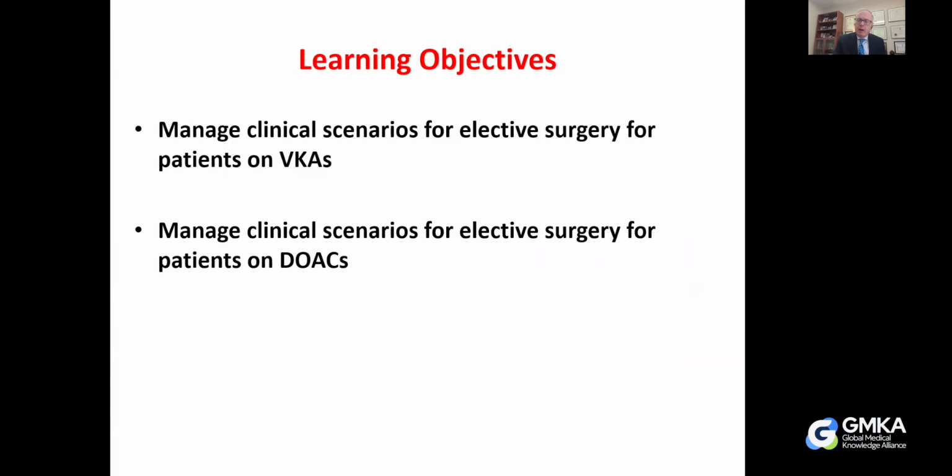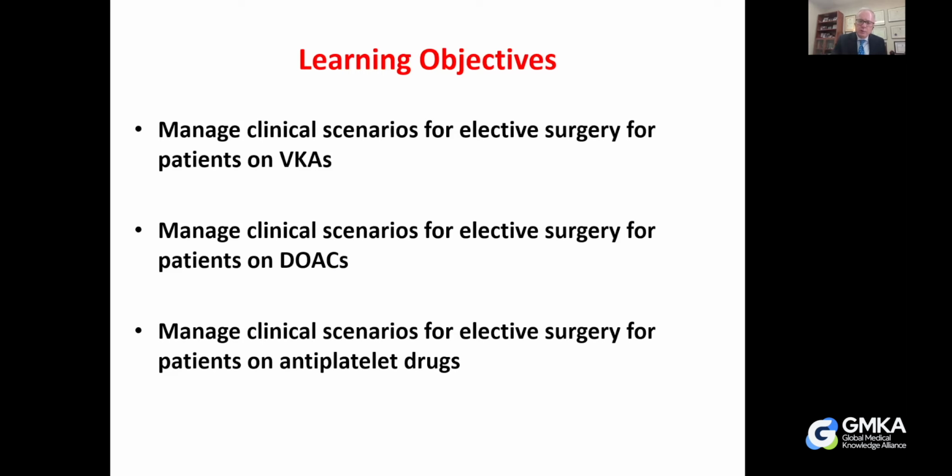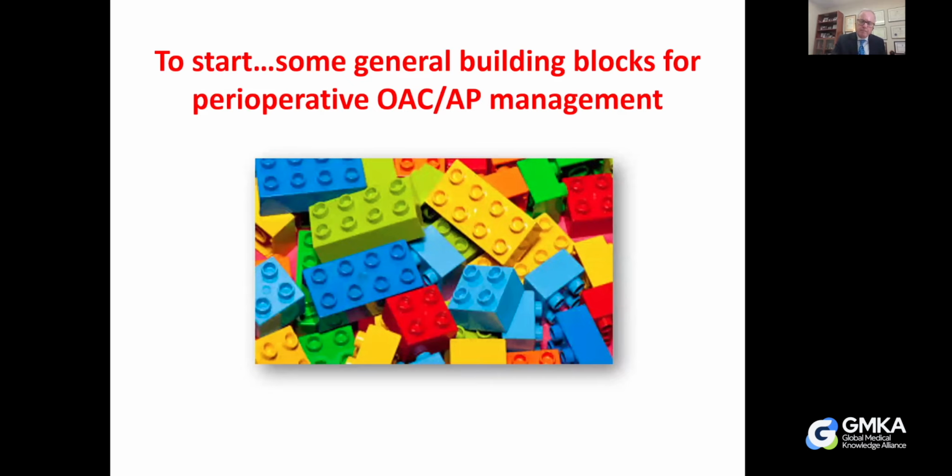More commonly, however, we may be seeing patients who are taking a DOAC, or direct oral anticoagulant. And how do we manage these patients who require an elective surgery? And finally, I want to touch on a few things about commonly used antiplatelet drugs, and how we manage patients who are receiving these drugs and require an elective surgery.